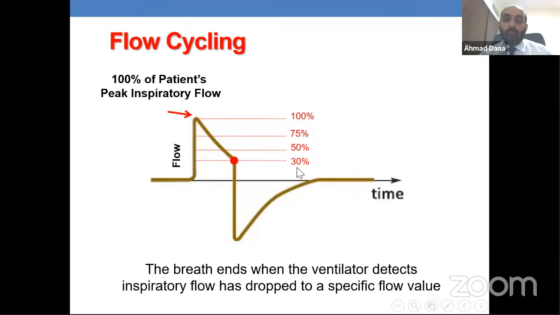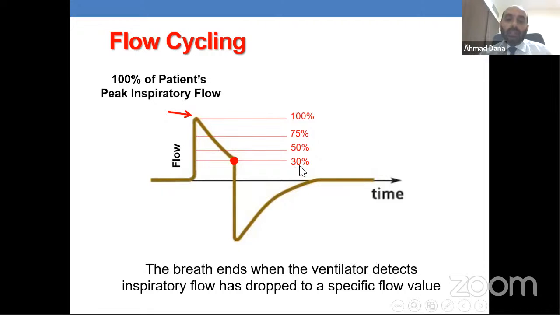Now, if you set it very low, let us say at 5% of the flow, you are like suffocating the baby. He wants to start exhaling and you are still giving him the flow. So this doesn't work. And if you set it very high, again, you don't give him enough time to deliver the tidal volume.